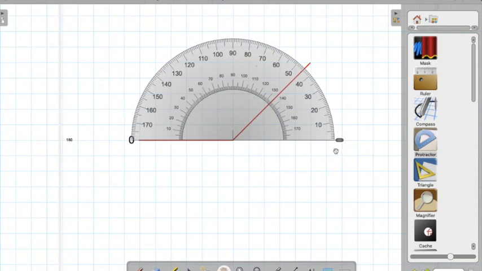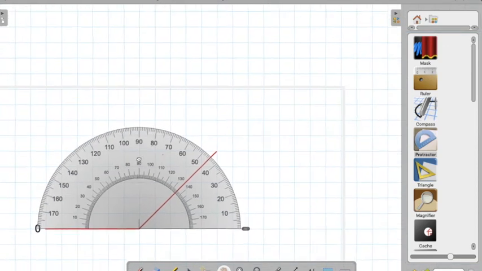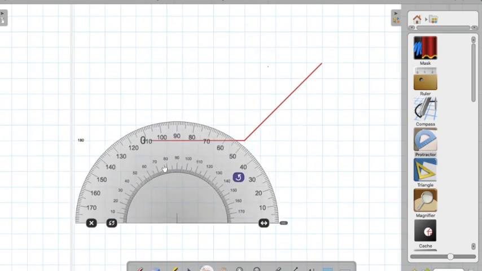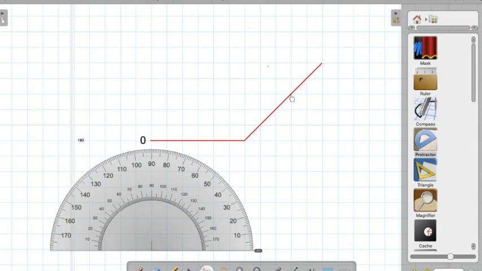And if it was flattened out, it would be a 180-degree angle, which would be a flat line, actually.